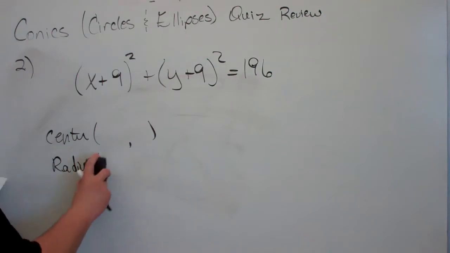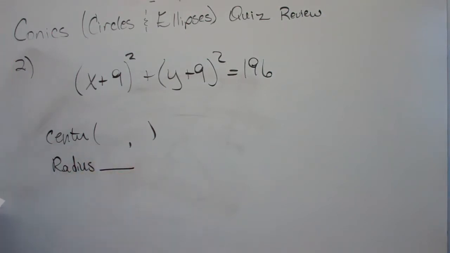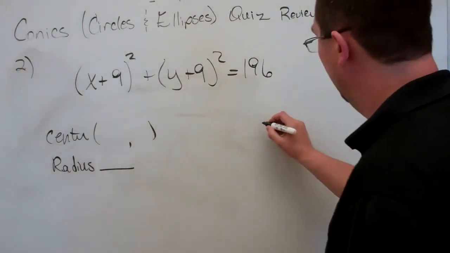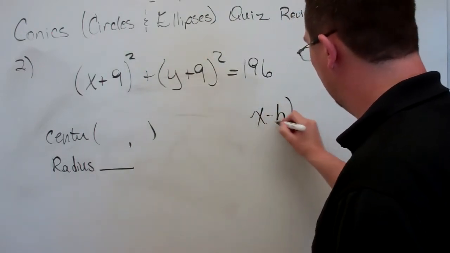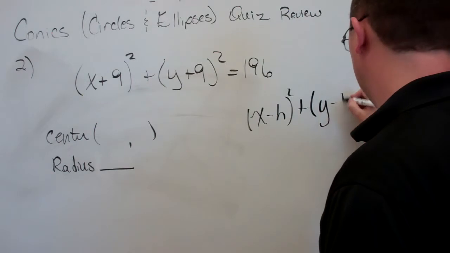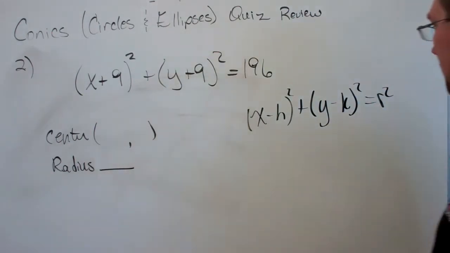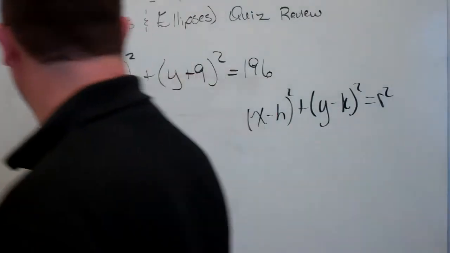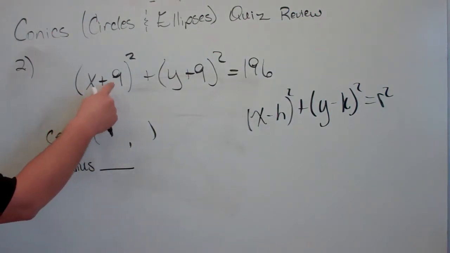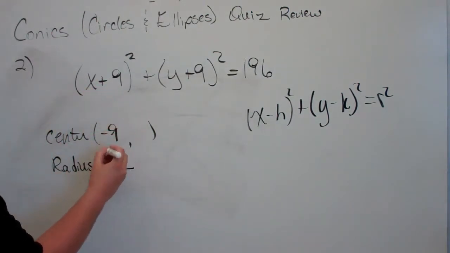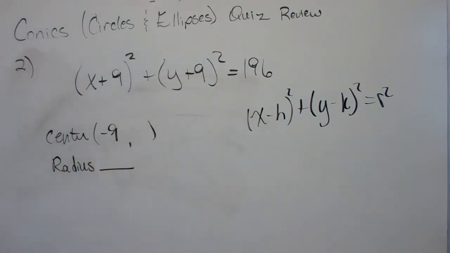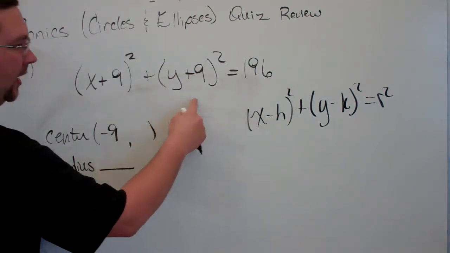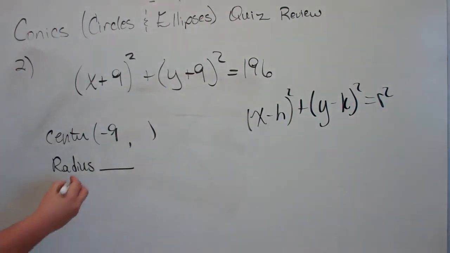For the center, we know that the equation for a circle is x minus h squared plus y minus k squared equals r squared. Since this is x minus h and that's x plus 9, we know h has to be negative 9, so that it's x minus negative 9, which is x plus 9. And for your k value, it's basically the same thing. It has to be negative 9, so that y minus negative 9 flips to y plus 9.